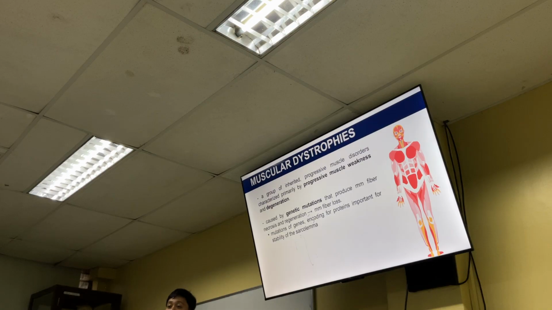Why muscle fiber necrosis? Because your genetic mutations can sometimes lead to tissue death. And also regeneration in your muscle fibers, knowing that the genetic mutation is already in your body. Okay? Your gene already has a problem.